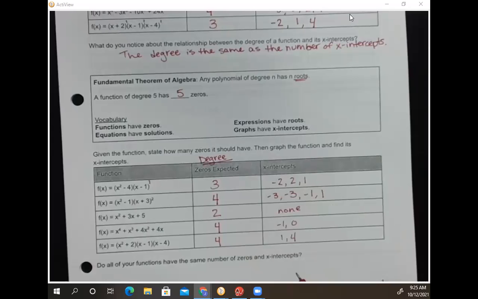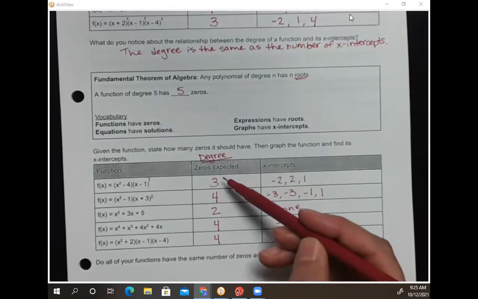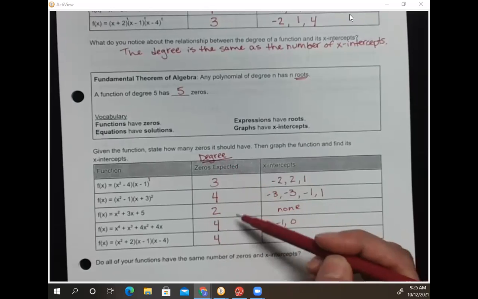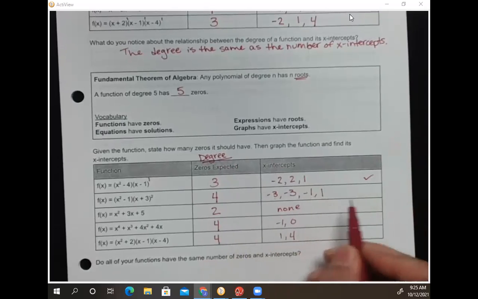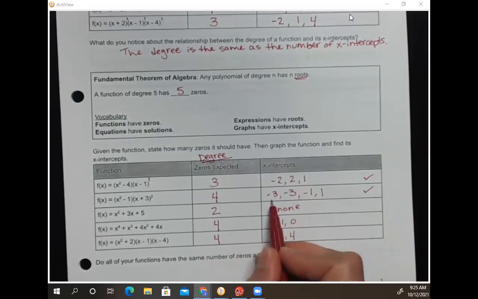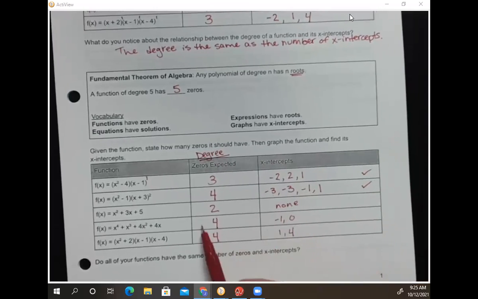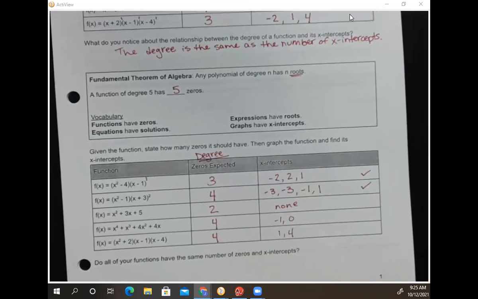So we said that the degree should tell me how many zeros to expect. So these were how many zeros I was expecting based on the degree. That matched up for this one and for this one, because remember that multiplicity is included. But the last three, not so much.